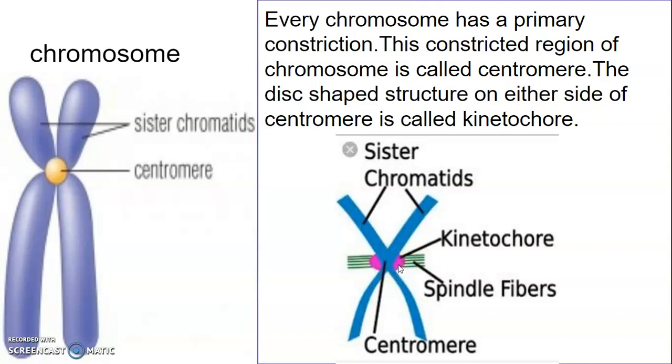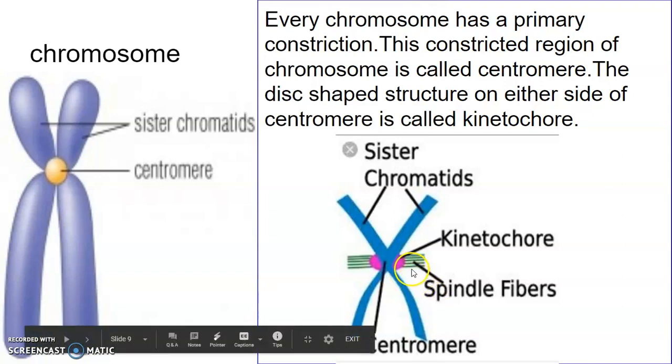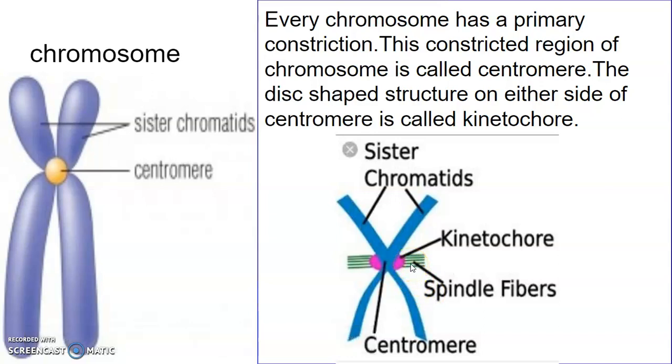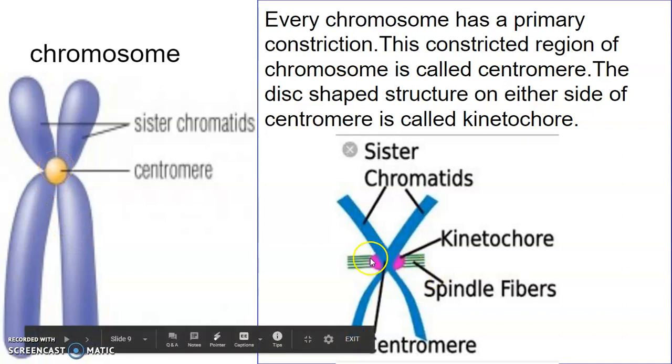At the time of cell division, the spindle fibers get attached to the kinetochore. That part we'll be studying in the next chapter. Only this much we have to learn now. The chromosome has a constriction called the centromere, and on either side of the centromere, the disc-like structure is called kinetochore.